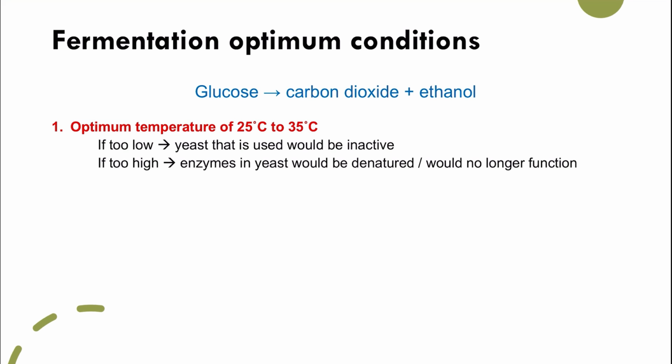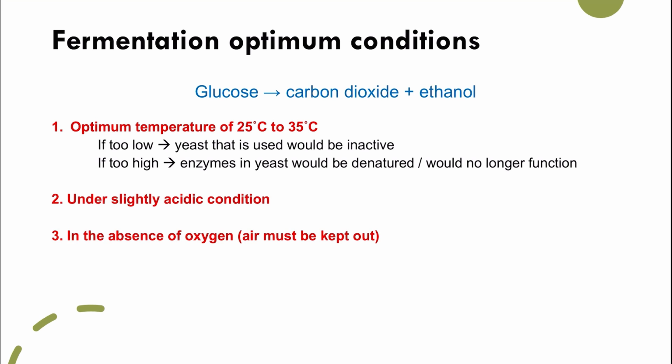And if the temperature is too high, we remember that enzymes are proteins, and at high temperatures proteins will be denatured, so they will be completely inactive or destroyed. They usually need to be done under slightly acidic conditions, and in the absence of oxygen. So air must be kept out. The main reason is that ethanol in the presence of oxygen will be oxidized to give you ethanoic acid. So you will not end up with ethanol, but rather with the acid.